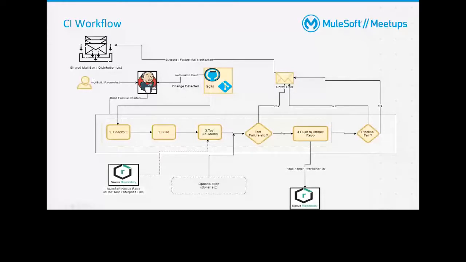For that, multiple codebases reside in the SCM, the source code management, which could be Bitbucket, GitHub, or GitLab, anything. From there, you pull the code into Jenkins as part of one of the jobs. It is checked out and built with the Maven plugin.